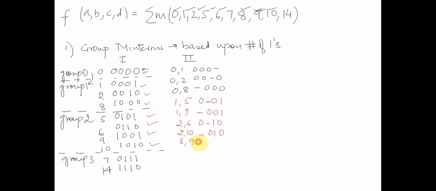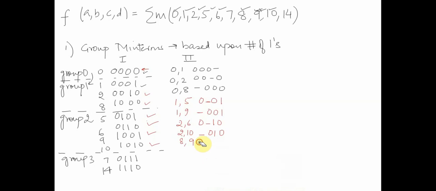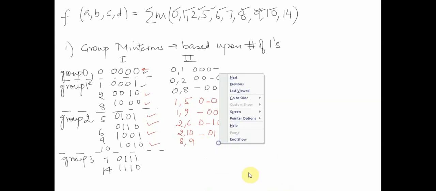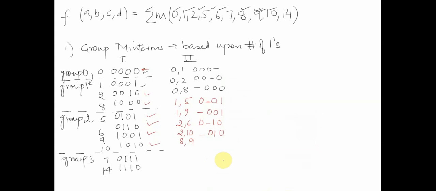If we combine 8 and 9, let's make it a bit clearer, we will have something like 100 blank. Correct? 8 and 10, yes. 8 and 10 also form a combination, with 10 hyphen 0.